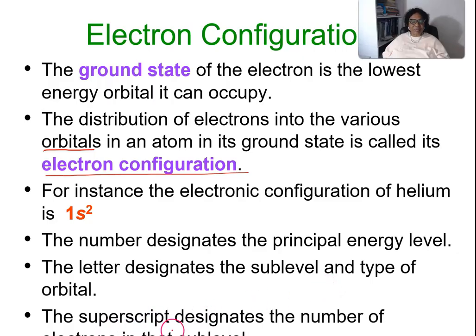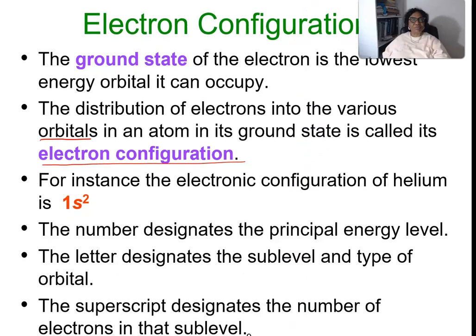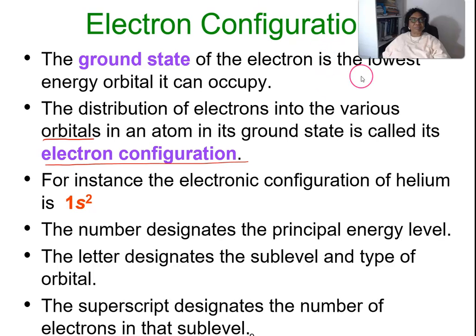The superscript 2 designates the number of electrons in that sublevel. So that is the electron configuration for helium.